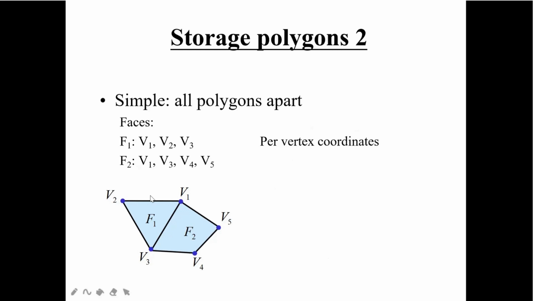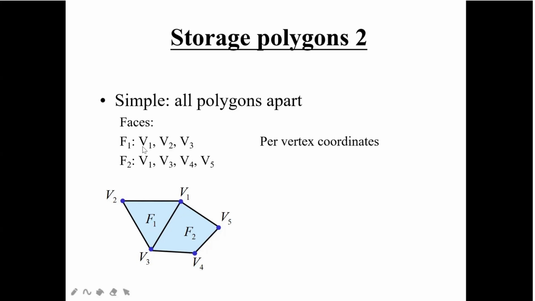Now we will see in the per vertex coordinates how we are going to write all the vertex point. Okay, now I'll just write down F1. F1 is nothing but my face. So for my face, this part, how many vertex point I have used? I have used 3 vertex point. So V1, V2, V3. You have to write like this.